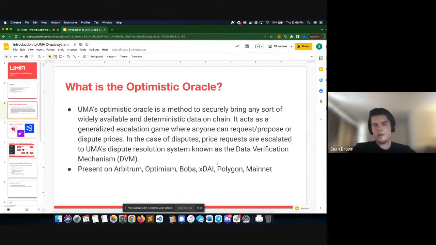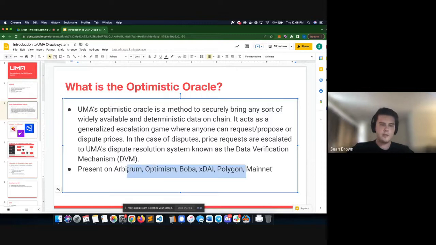So today, UMA's OO can provide data on Arbitrum, Optimism, Boba, XDAI, Polygon, and Mainnet, with Avalanche soon to follow. The idea is that we can be an integration and a core piece of infrastructure for financial and Web3 dApps on all of these different networks.